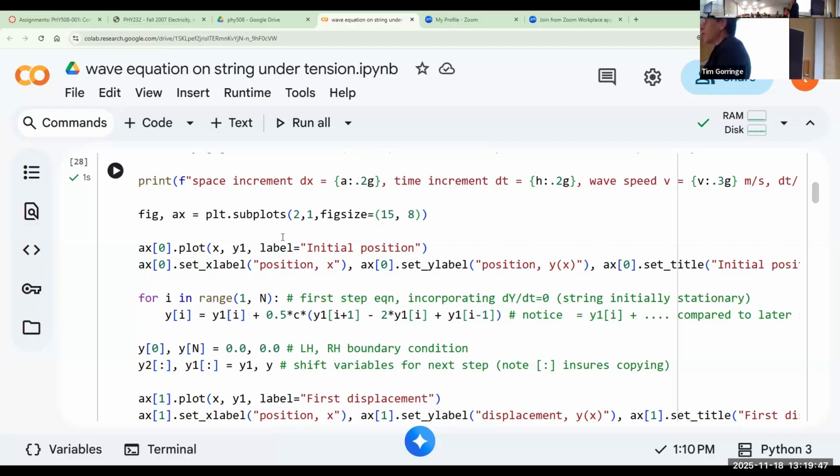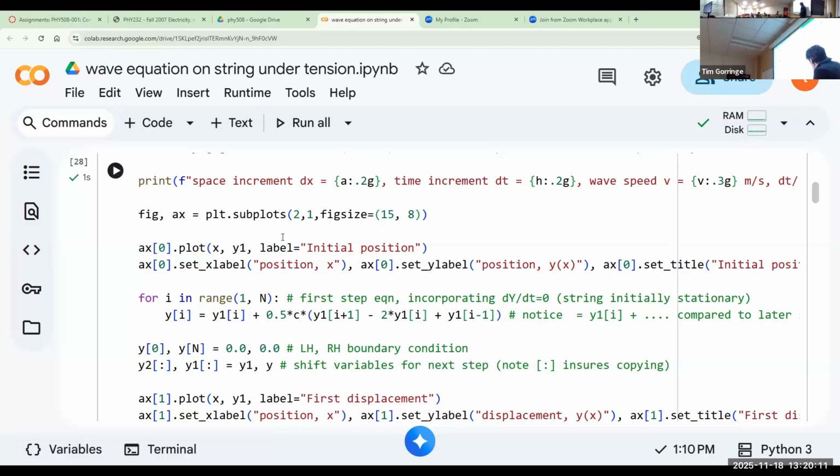The reason I'm doing that very first step as a separate step is, remember, it had a separate equation because we didn't have a prior time, we only had a current time. So we made a separate equation, assuming that the string was not moving when we released it, that its position at the prior time was the same as the current.